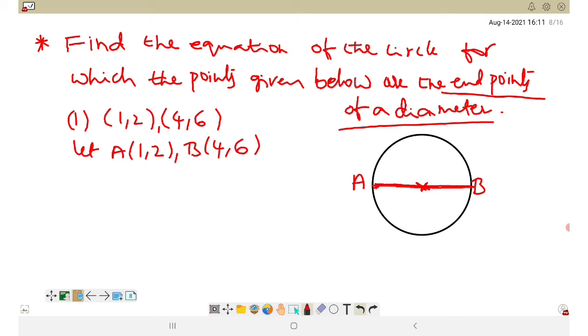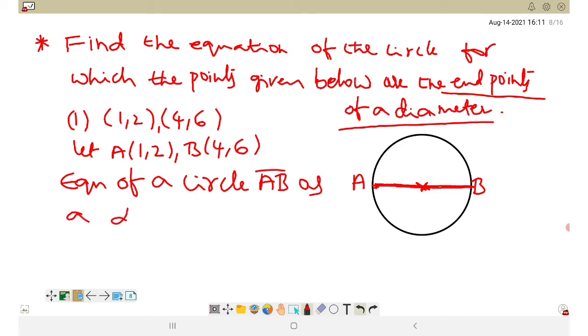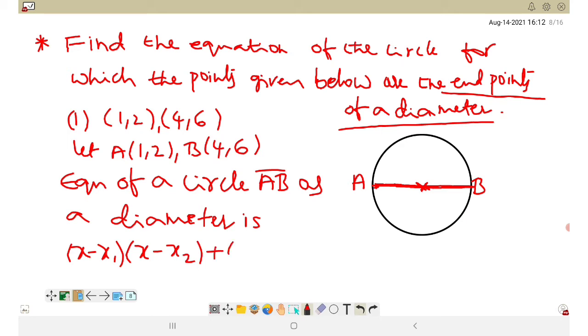So the equation of a circle with AB as a diameter is, by the formula, x minus x1 into x minus x2 plus y minus y1 into y minus y2 is equal to 0.